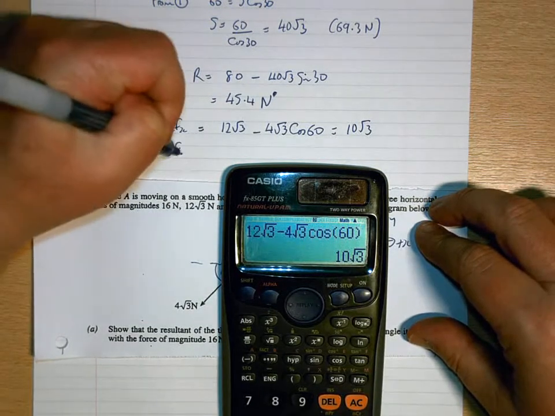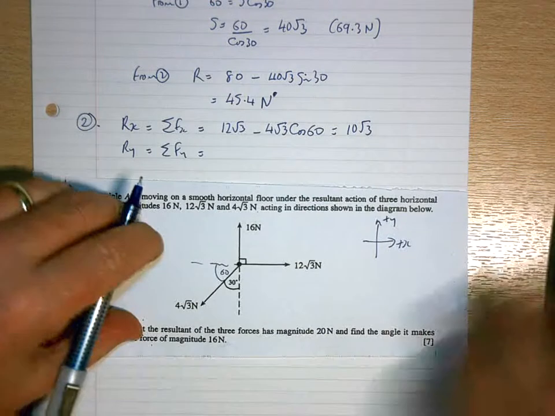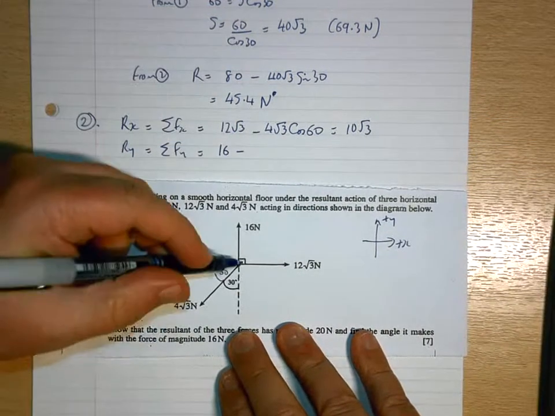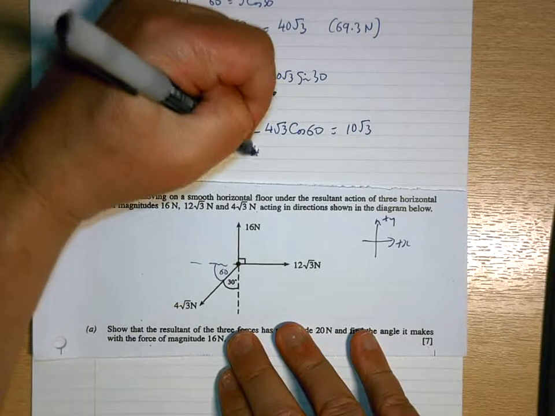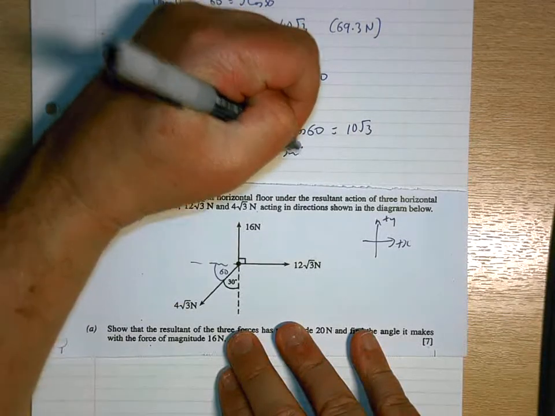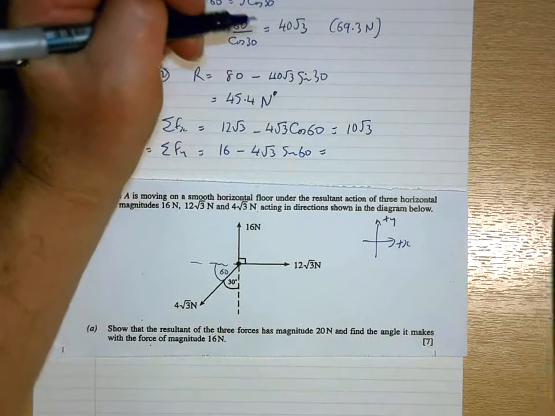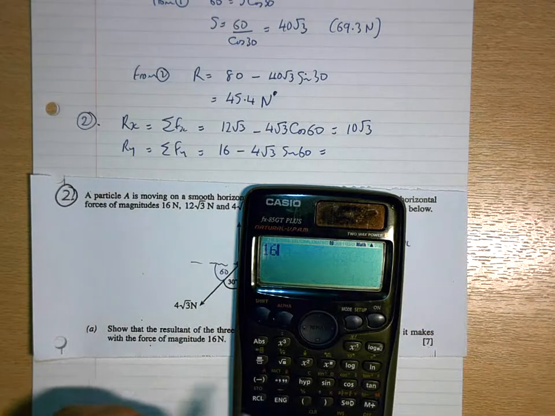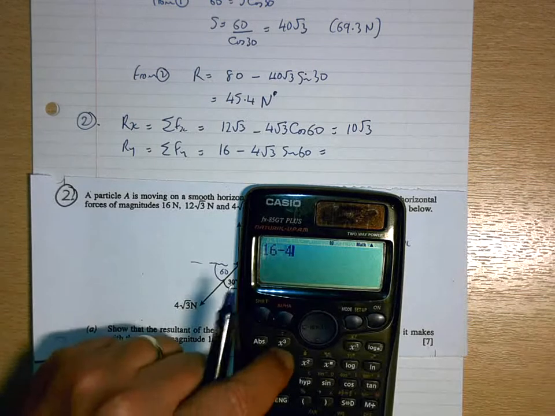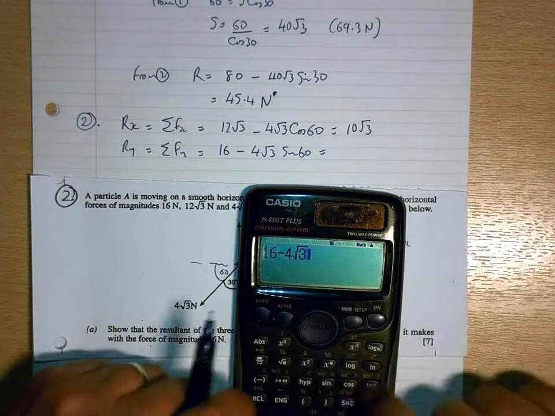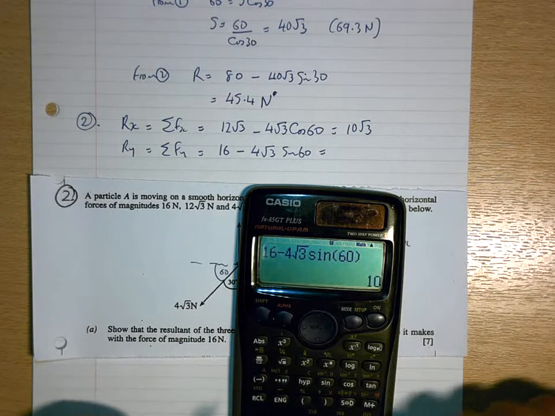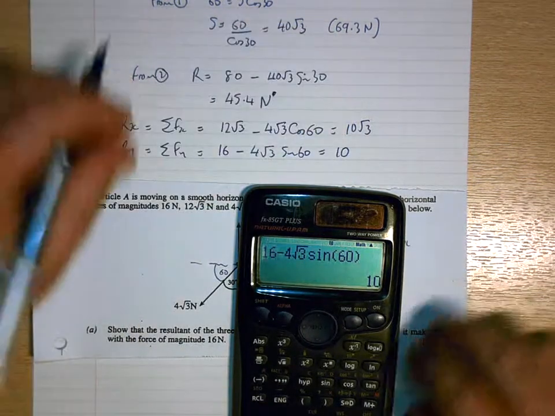Ry will be the sum of the y components of the forces, which will be 16 less 4 root 3 sine 60, which again you can just type in your calculator. 16 less 4 root 3 sine 60, which is 10.